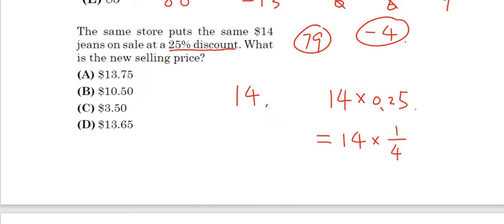So this number is just like 3 point something, right? So this number should be 14 minus 3. So we found the answer should be this.